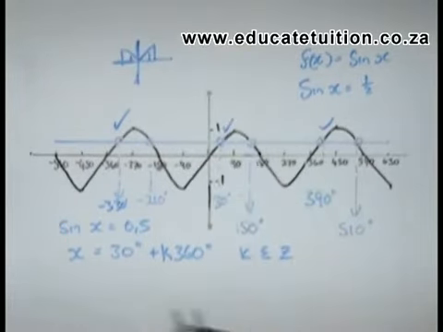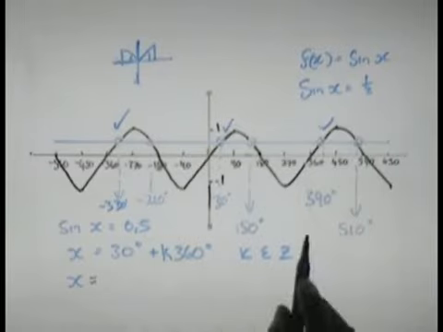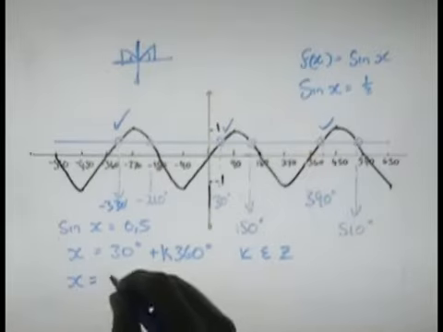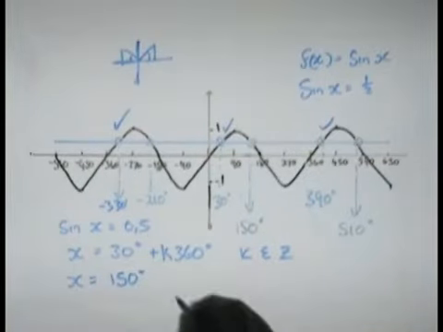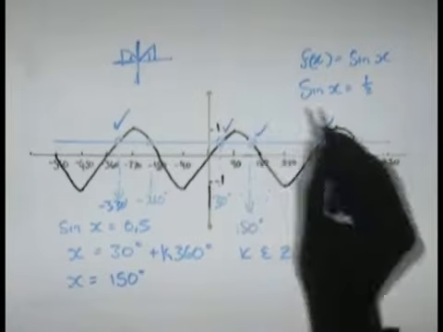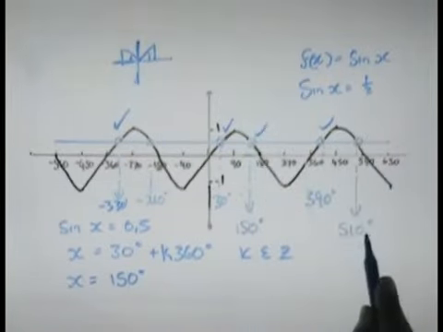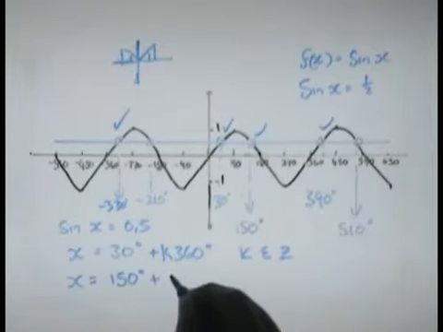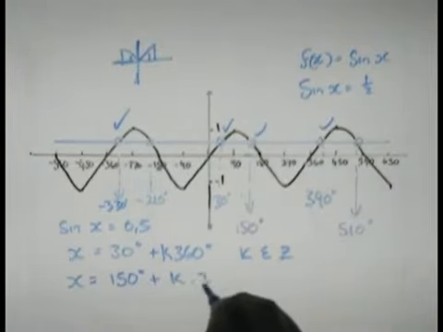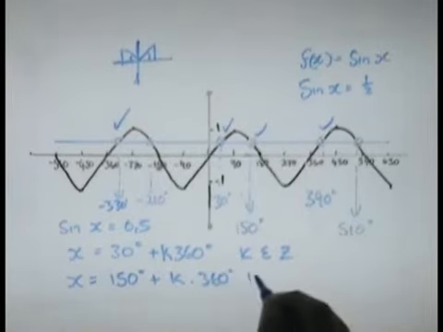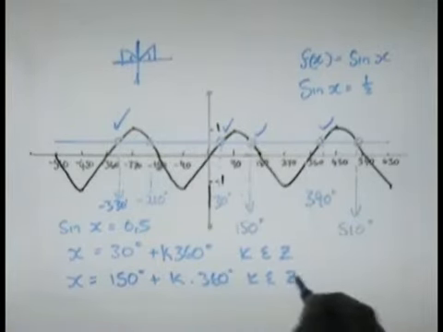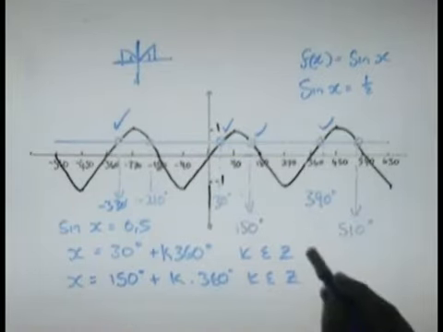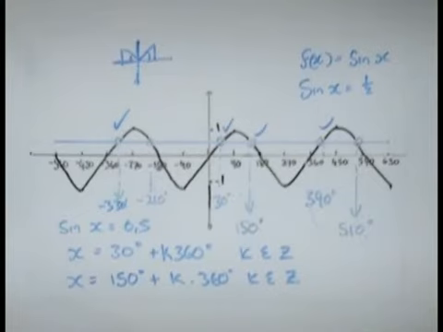That angle is in the second quadrant, which means that x will equal 180 degrees minus 30, which is the same as 150 degrees, which would account for that one, plus or minus 360, so it's 150 degrees plus k times 360 degrees, again where k is an element of integers. That there is the general solution.